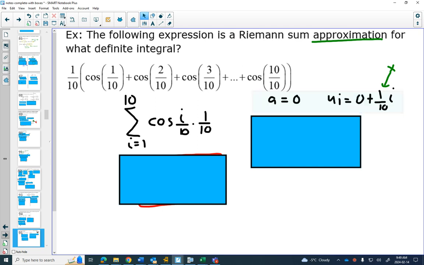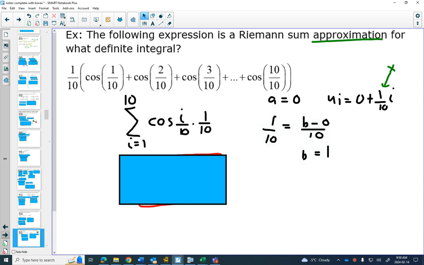But once again, you might notice that your a value is 0. Well, notice you can make your a value anything you like. We've seen that in previous questions. So a nice one is starting with 0. And then, because we've got 1 over 10, which is like 1 over n, you would see that your b value has to be 1.